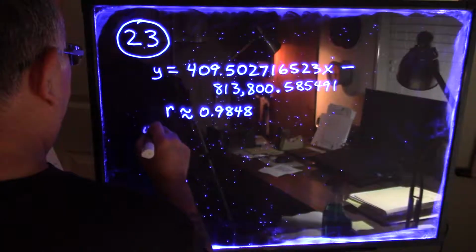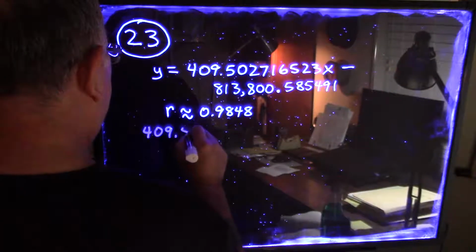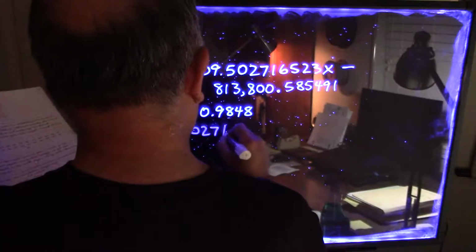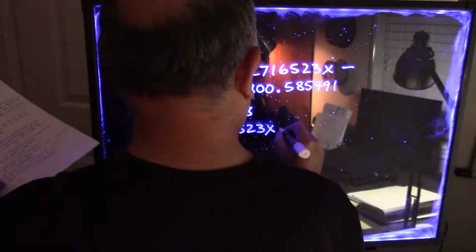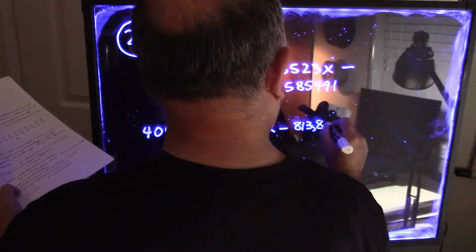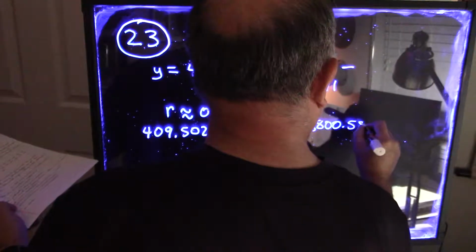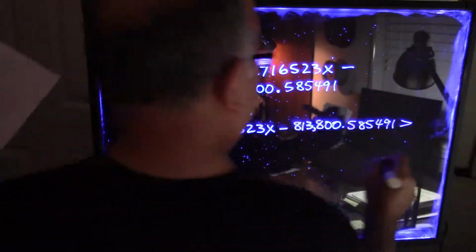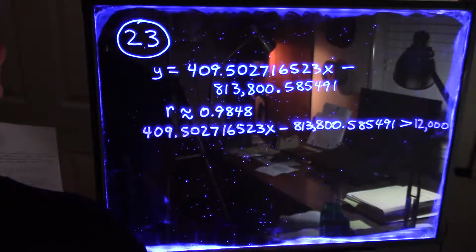So we've got 409.5027 16523x minus 813,800.585491. Set that greater than 12,000. Squeeze that in here at the end. And then solve for x.